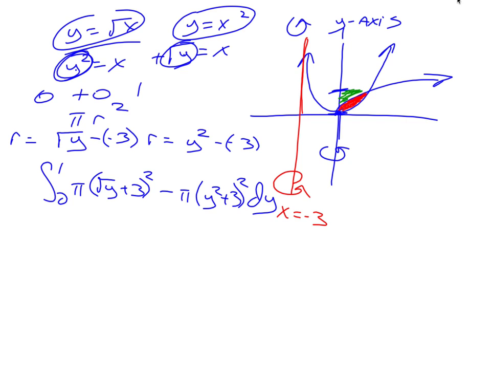Quick question on the limits. If you have no clue where the other one is, like you can't even guess which one, is there a way to find it? Set those two equal to each other. Maybe I'll give it to you. If I did y squared equals the square root of y, what do I need to do next?